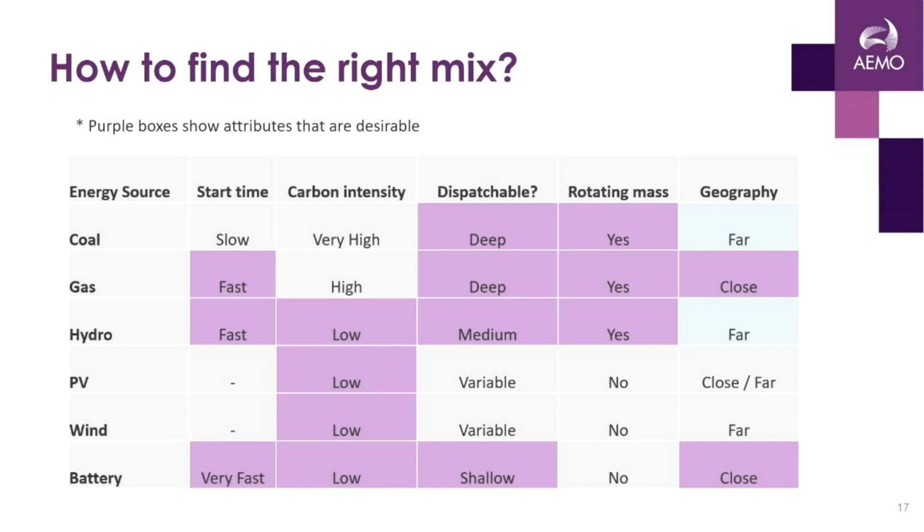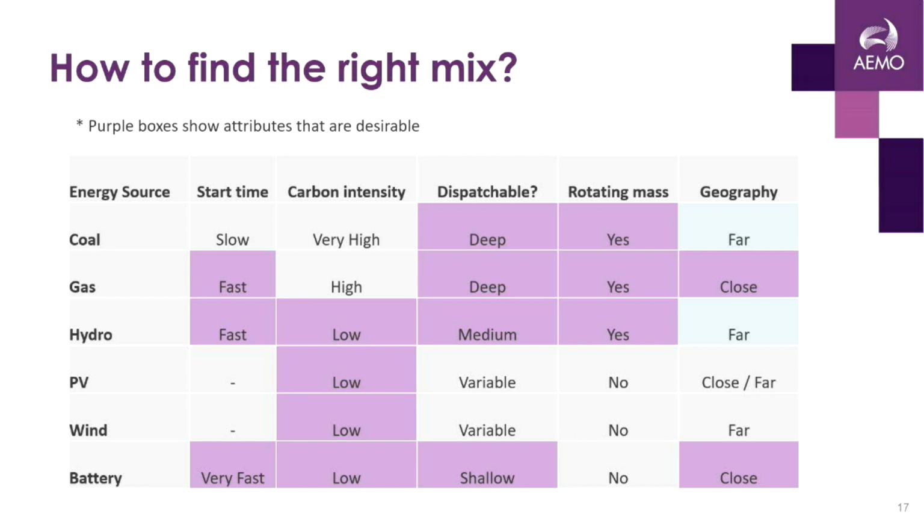We call it ramp rate. Coal has a high carbon intensity. It is dispatchable. We can send a signal to it and say we want more or we want less. It brings rotating mass to the grid, which gives the grid stability. Geographically, it tends to be located far away from the load centres.